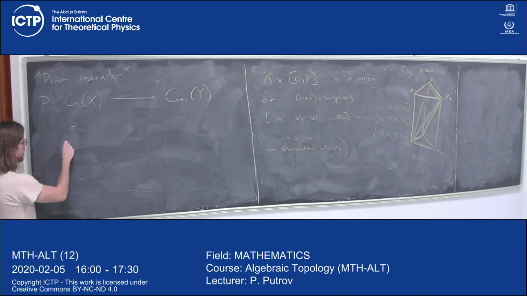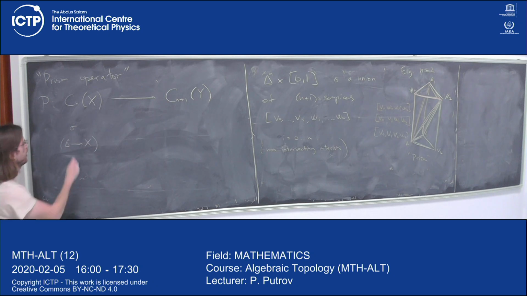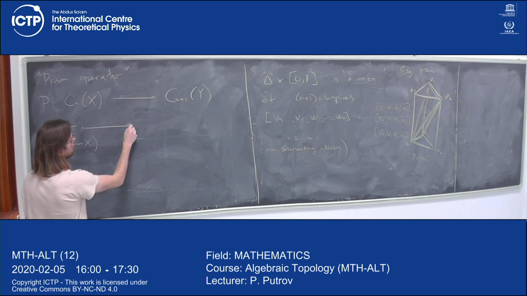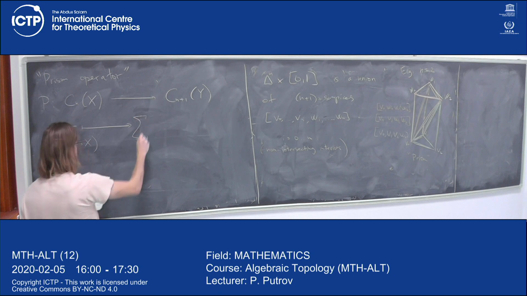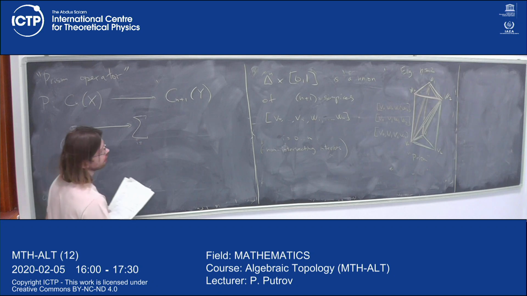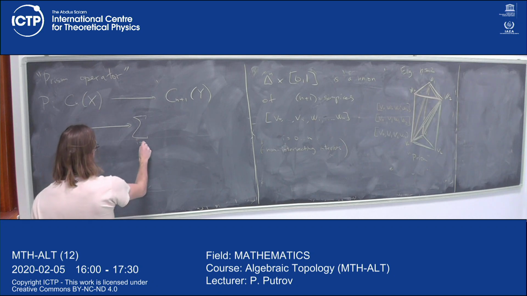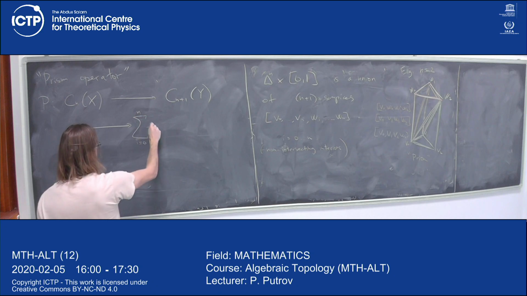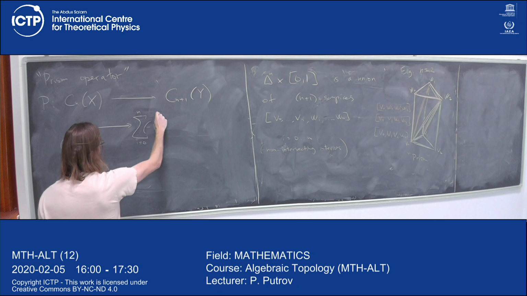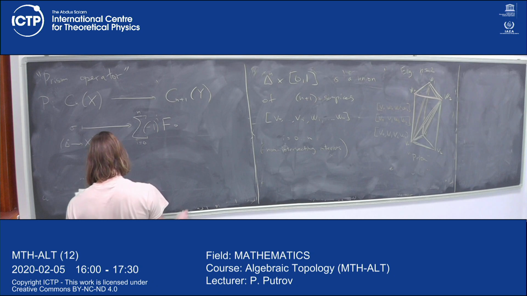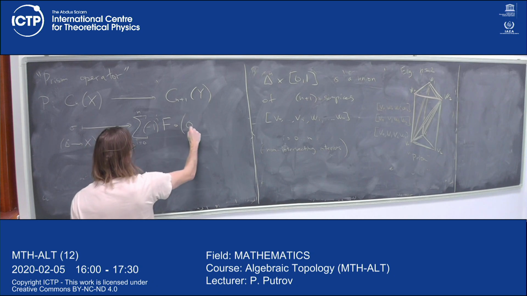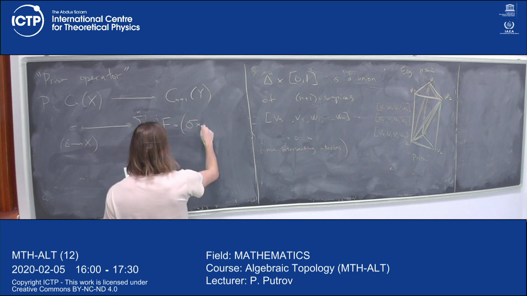So here the generator is a map from delta n to x, and I will map it to the following alternating sum. It's kind of similar to the definition of the boundary homomorphism, but not quite the same. So let me write the formula and then I will explain it a little bit.